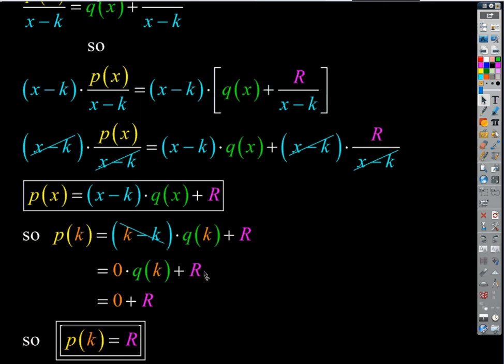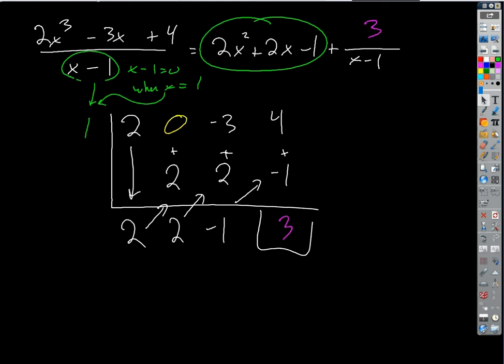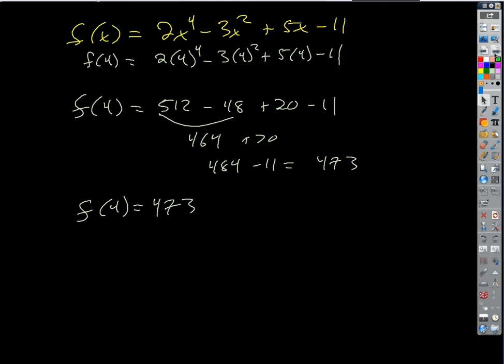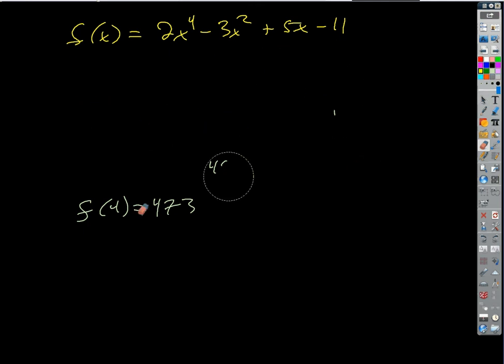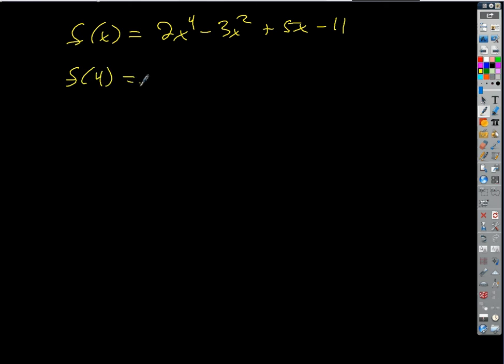What if we want to do something like that example right there? What if we want to evaluate this function at 4? Well, we can evaluate it directly, and that works. They're just big numbers.